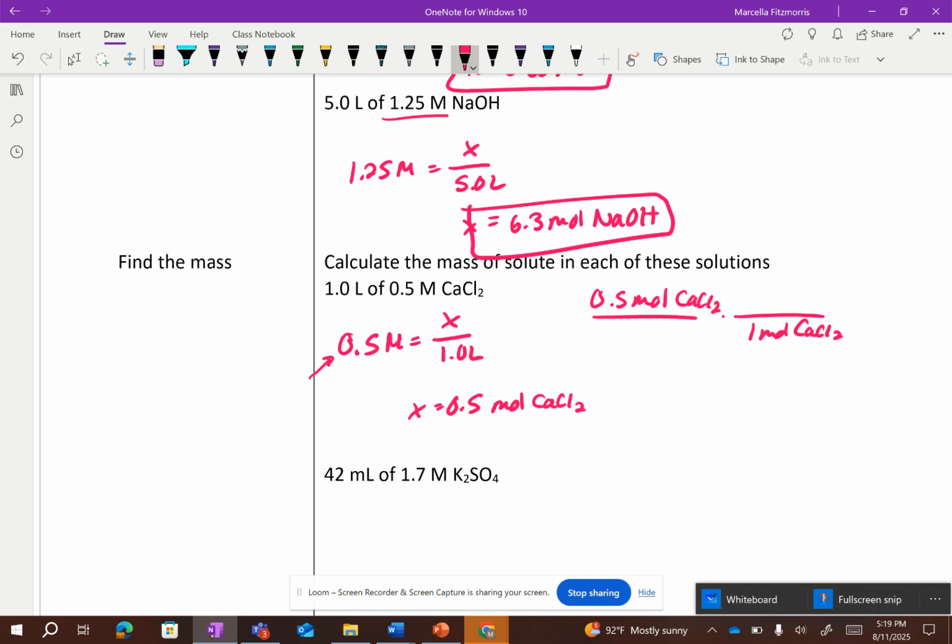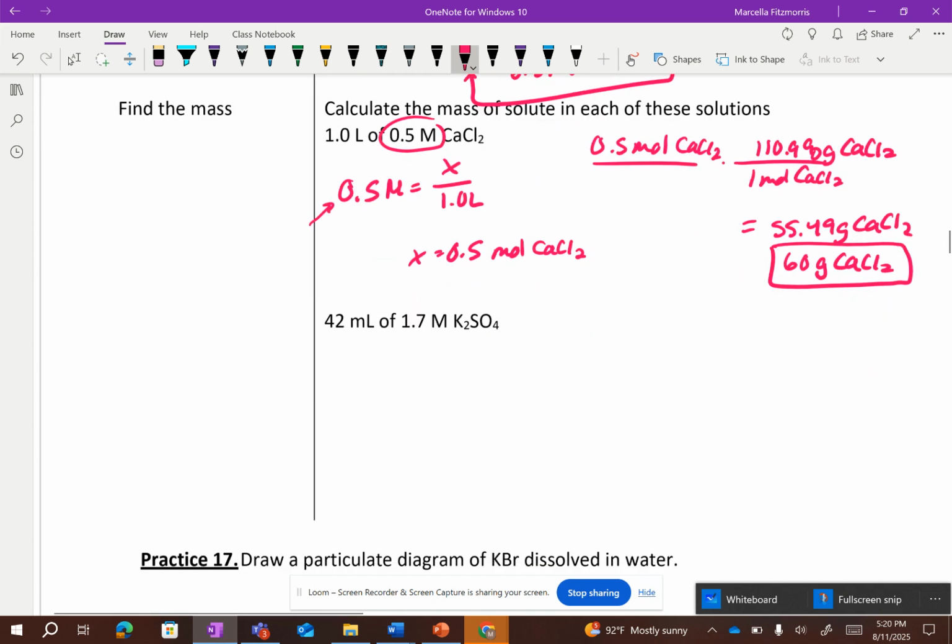And then I go to grams of CaCl2 by using the molar mass. Which ends up making this 55.49 grams of CaCl2. Now this only has 1 sig fig, so I'm going to round this to 1 sig fig, making this 60 grams of CaCl2.